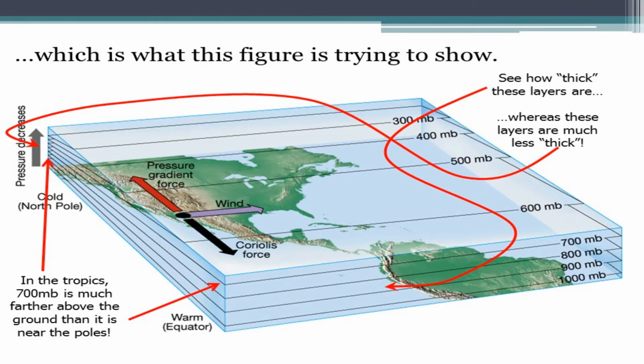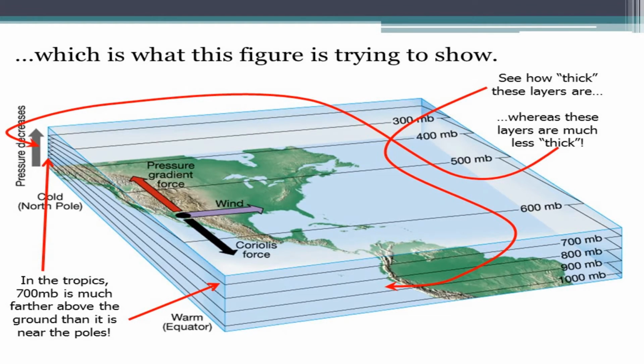You could do the same with any given level, like the 1000 millibar level, or the 900 millibar level, or the 500 millibar level. They will, in general, be higher above the ground in warmer places where there's warmer air, and closer to the ground in places where there's colder air.